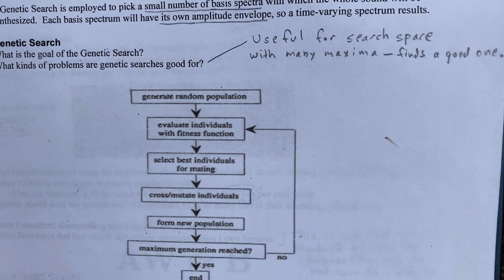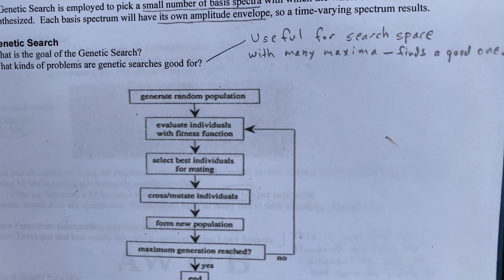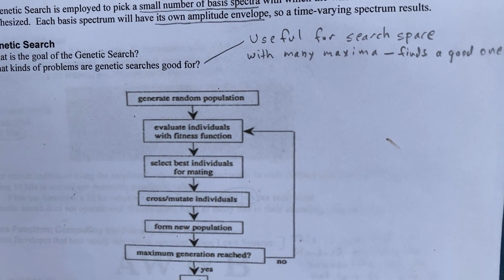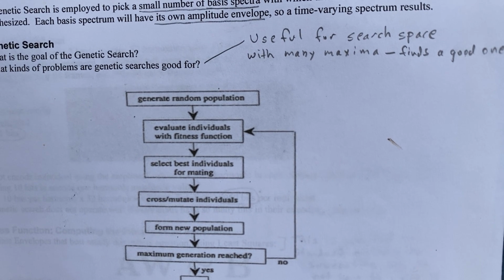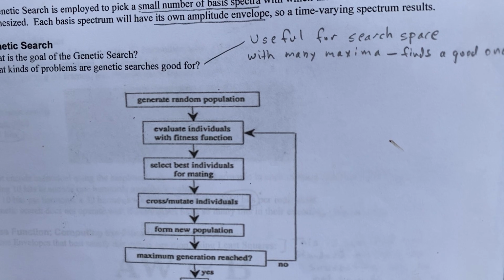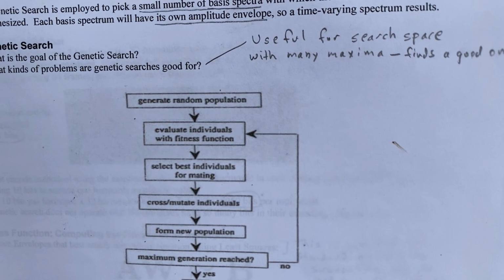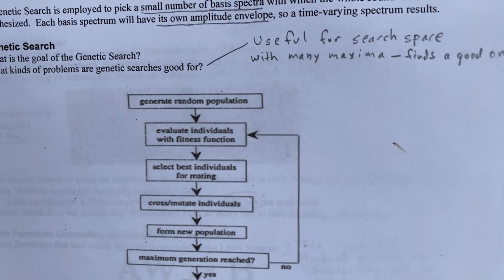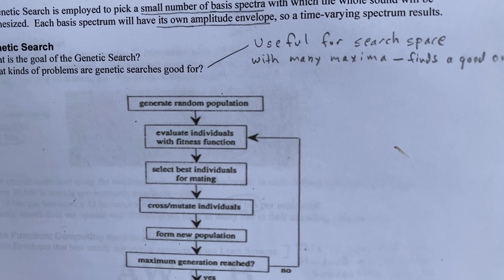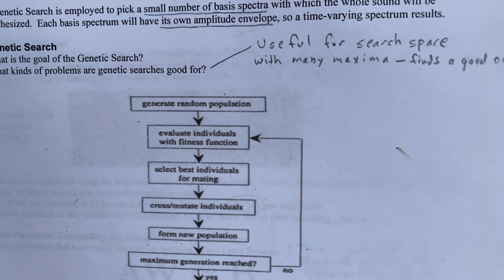So what's the idea of a fitness function? The idea of the fitness function is you give it one individual, one bit vector at a time. And for each bit vector, it tells you, this one's this good. It gives you a fitness or a how-good-is-it value. Say 0 to 1, just for fun. So 0 is really bad and 1 is really good.